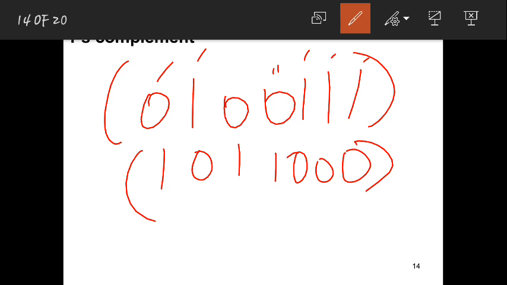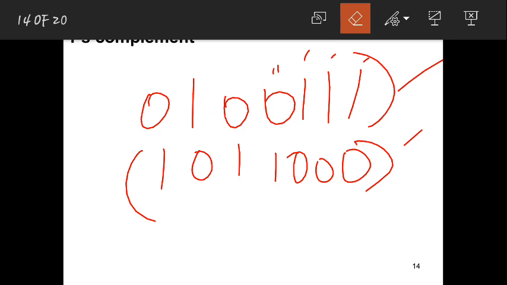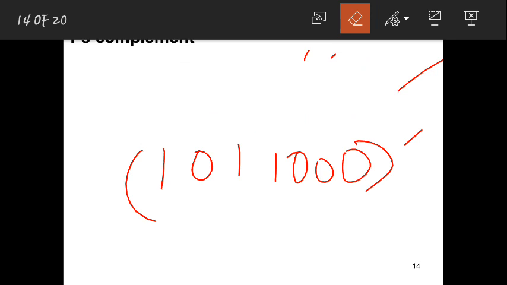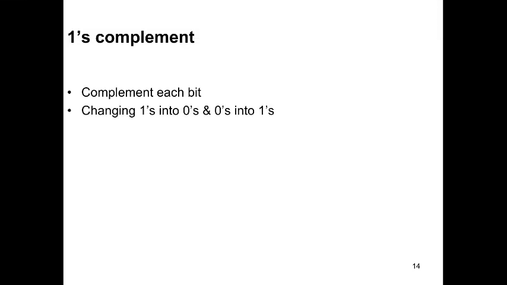Is that fine? It is very easy to remember. Whenever you talk about ones complement, you should always replace zeros with 1 and ones with 0. Complement each bit: change ones into zeros and zeros into ones. For example, this was a binary number he has given.